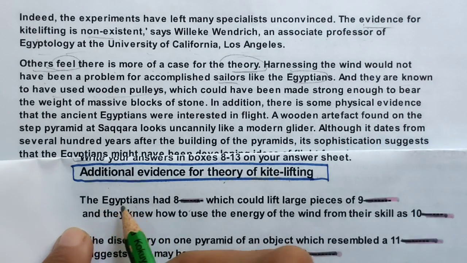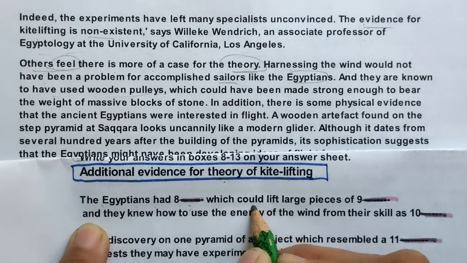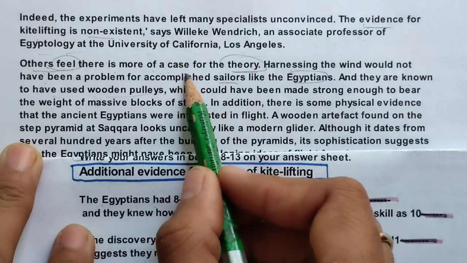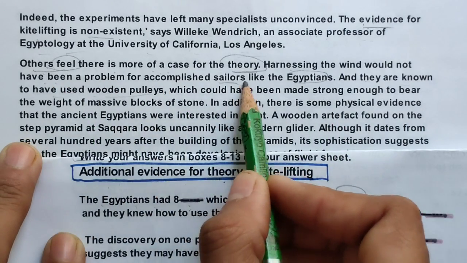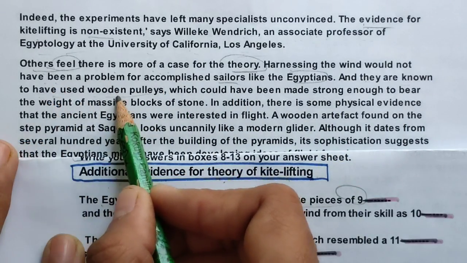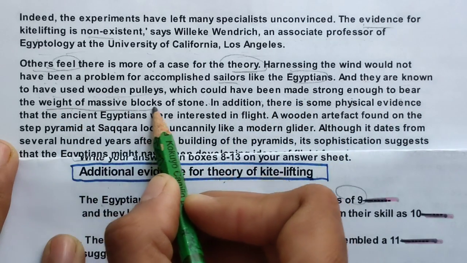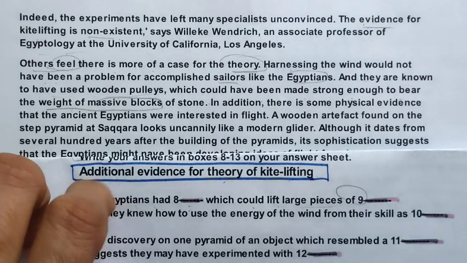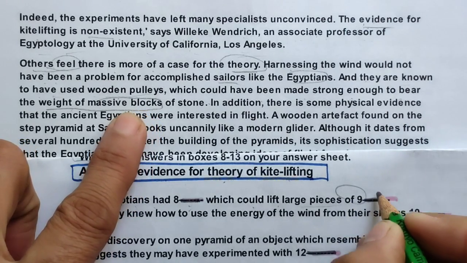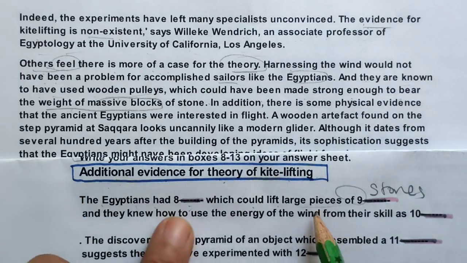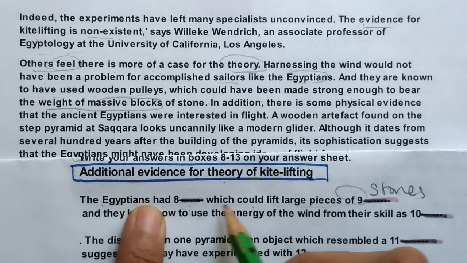Now coming to the main part: the Egyptians had something which could lift large pieces of stone. They are known to have wooden pulleys which could have been strong enough to bear the weight of massive blocks of stone.